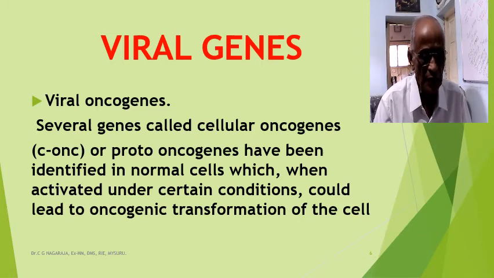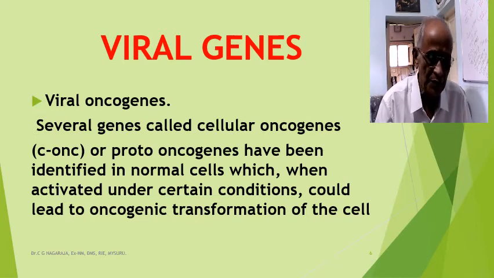CONC is one kind of oncogene. Like that, there are several genes identified in the normal cells, which when activated under certain conditions could lead to oncogenic transformational cell. That means to say our own cells' DNA has certain genes which can become oncogenes.